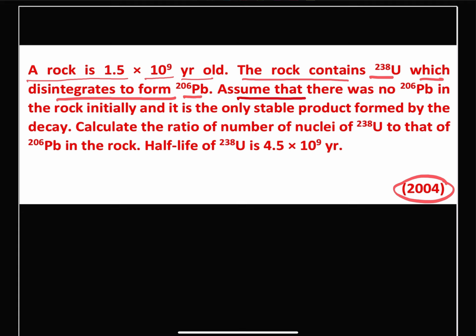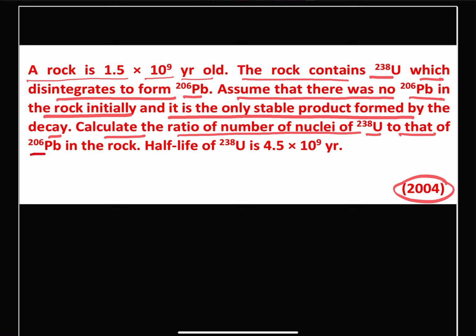Assume that there was no lead-206 in the rock initially, and it is the only stable product formed by the decay. Calculate the ratio of the number of nuclei of uranium-238 to that of lead-206 in the rock. Half-life of uranium-238 is 4.5 into 10 to the power 9 years.